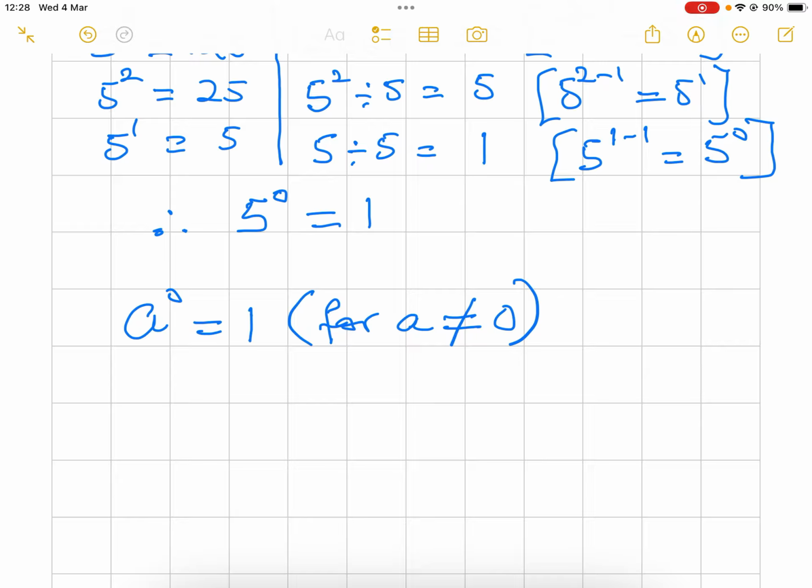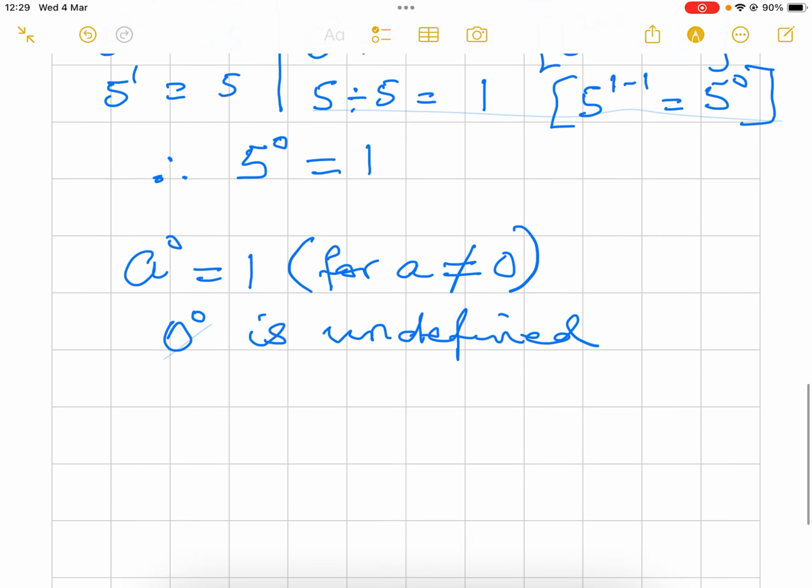This rule applies only when the base is not 0. That means that 0 to the power 0 is undefined. Okay.